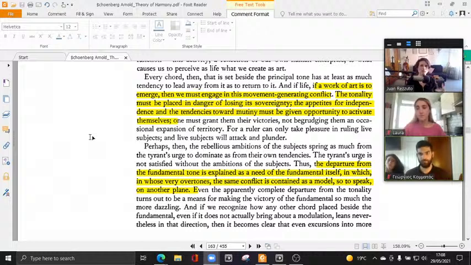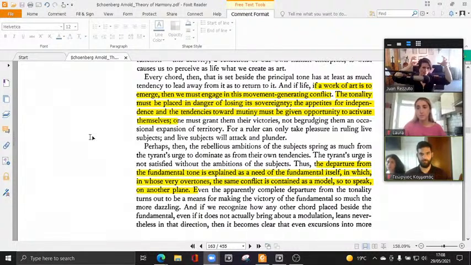That's why it says the tonality must be placed in danger of losing sovereignty. It's a place of power, let's say. The appetite for independence and the tendencies towards mutiny must be given opportunity to activate themselves. So you have a force that wants to reign, and then other forces say, you know what, you're not going to be king.